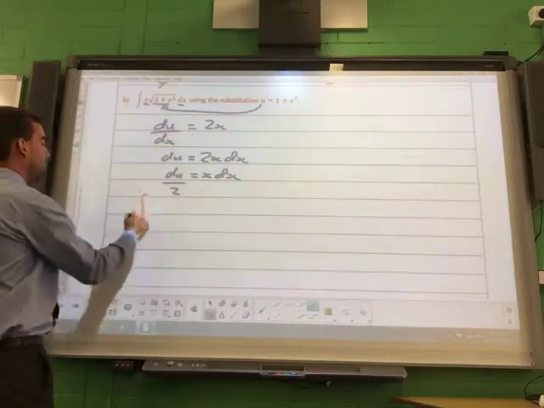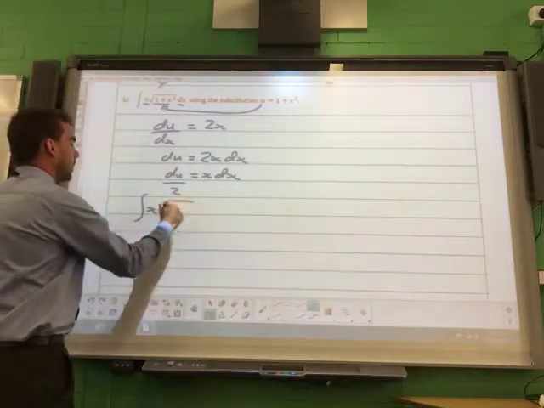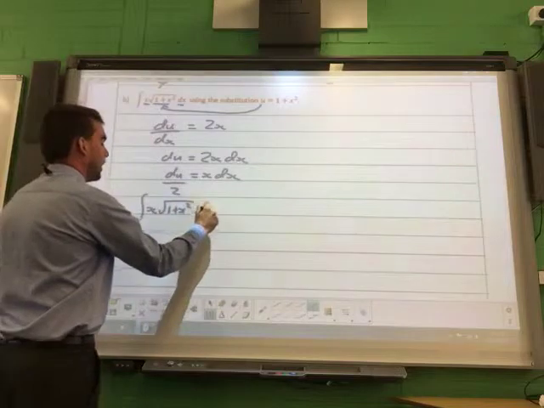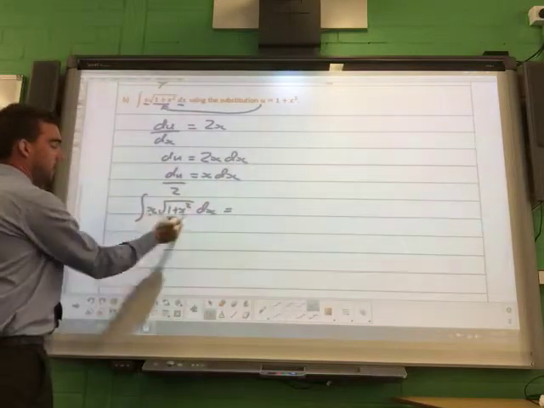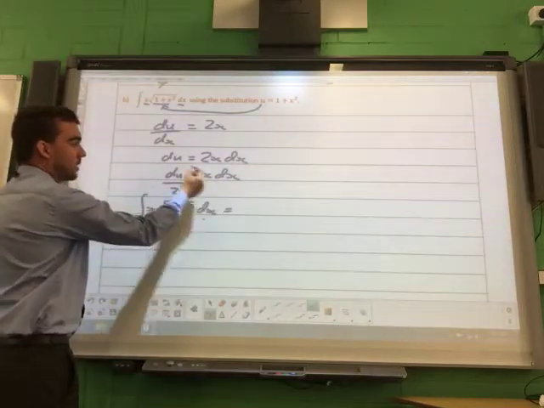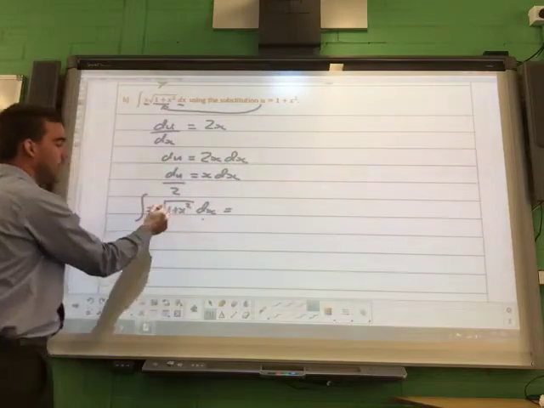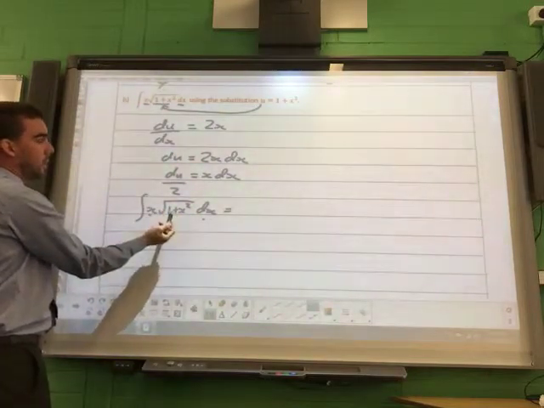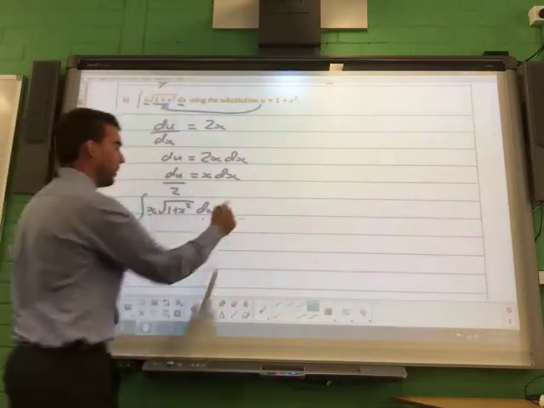So the differential of x square root of 1 plus x squared dx: I've got x dx, so x dx I'll replace with du over 2, and then the square root of 1 plus x squared I'm going to replace with the square root of u.